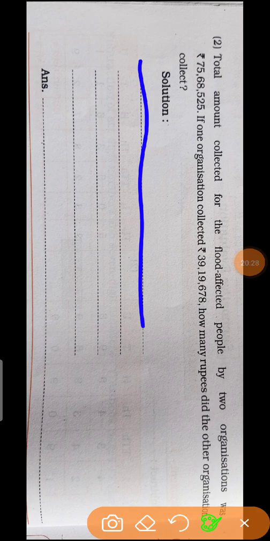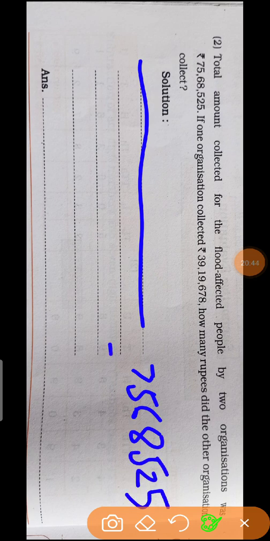Total amount, 75,68,525. Minus. In the second line you have to write: amount collected by one organization.